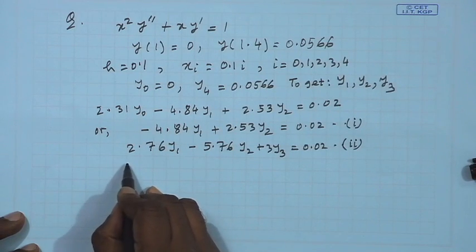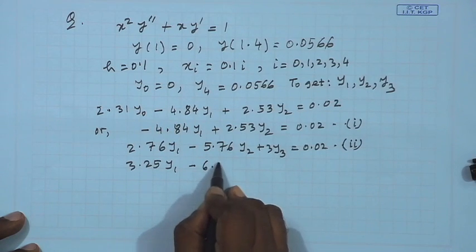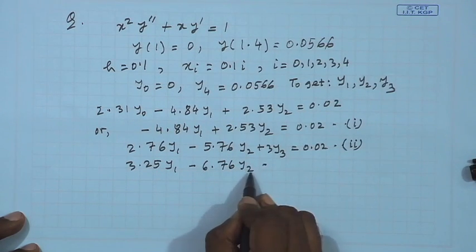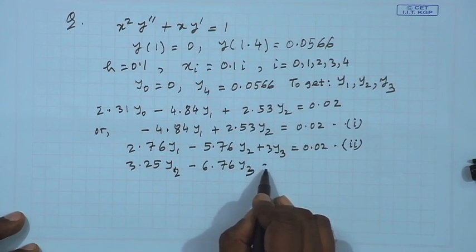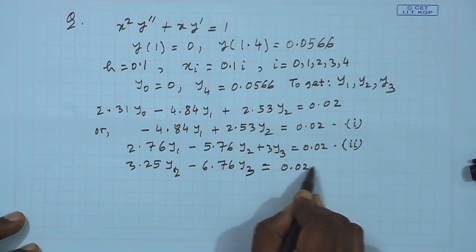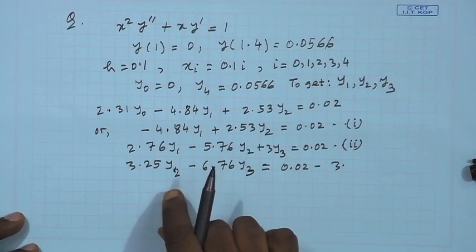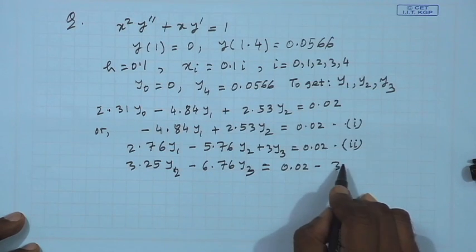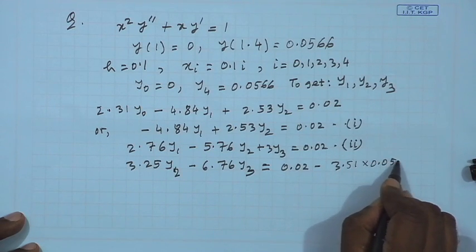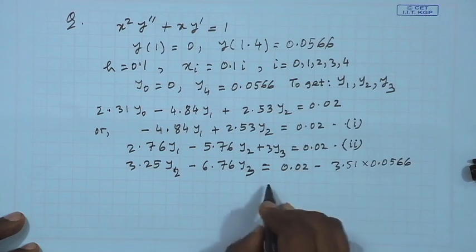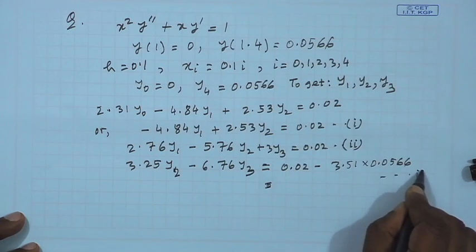Then the next equation is 3.25 y2, minus 6.76 y3, sorry, this is y2 and y3, equal to 0.02 minus 3.51 into y4, because it will be y2, y3, y4. And y4 is 0.0566. So, this constitutes the third equation.